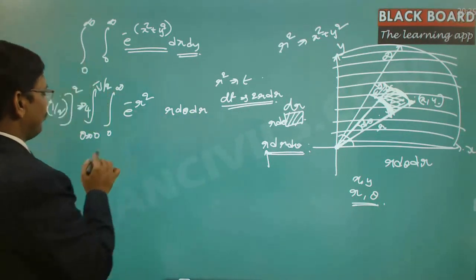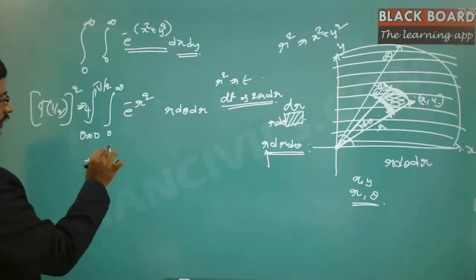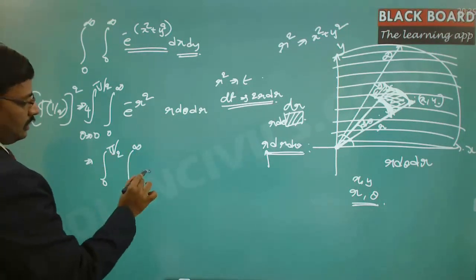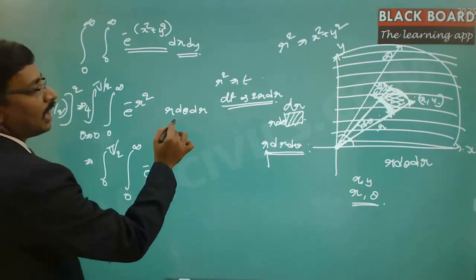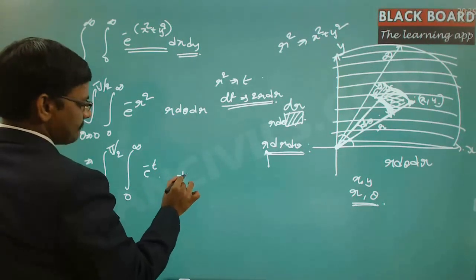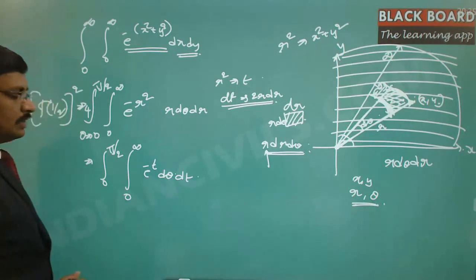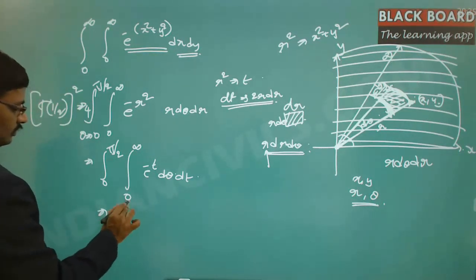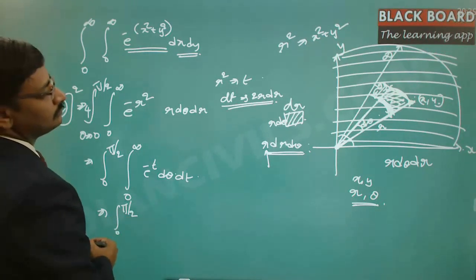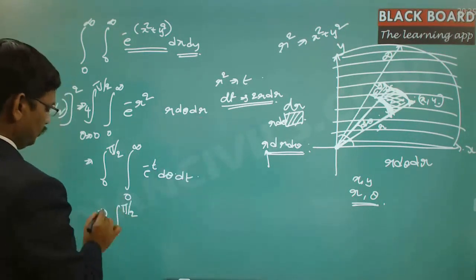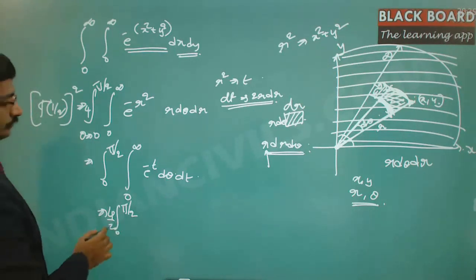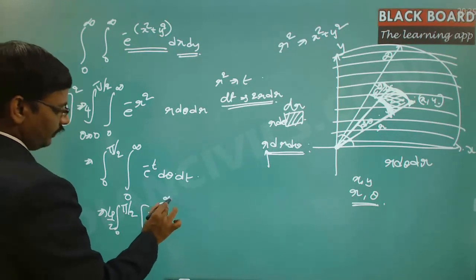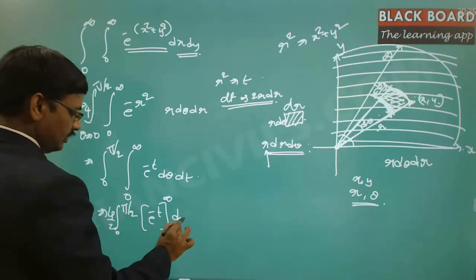So the integral from 0 to pi by 2, and the t limits are again from 0 to infinity, e power minus t, with r dr replaced with dt, and then d theta. So the integral of e power minus t, integral 0 to pi by 2, dt by 2. So this is 4 by 2, integral 0 to pi by 2, e power minus t, upper limit infinity and lower limit 0, and then d theta is there.